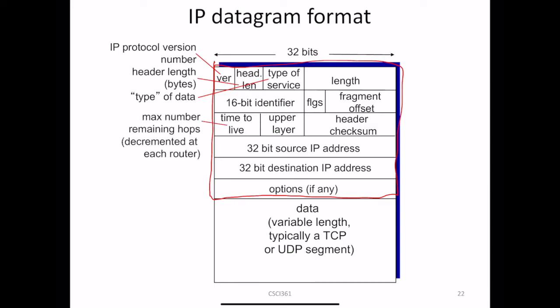And then is the time to live field. This one indicates the maximum number of remaining hops, which is decremented at each router. Actually, this field represents how many hops this datagram can travel in the internet. The reason to have this field is to save internet resources, because we don't want the datagram to travel in the internet forever.